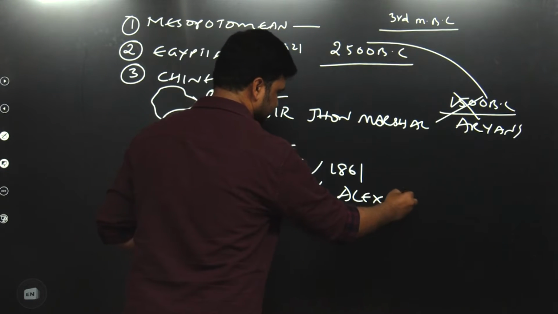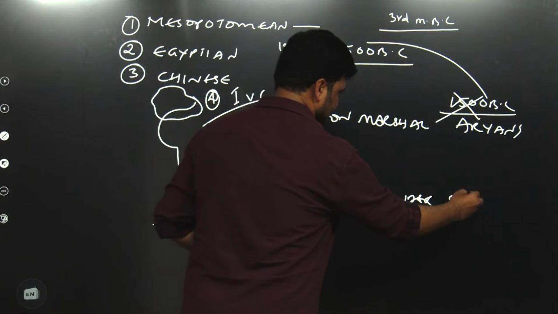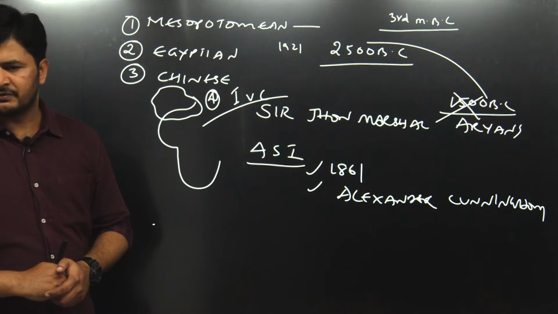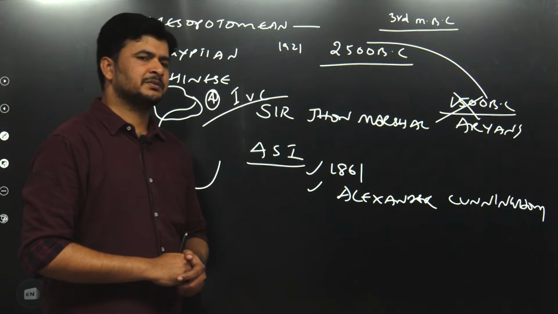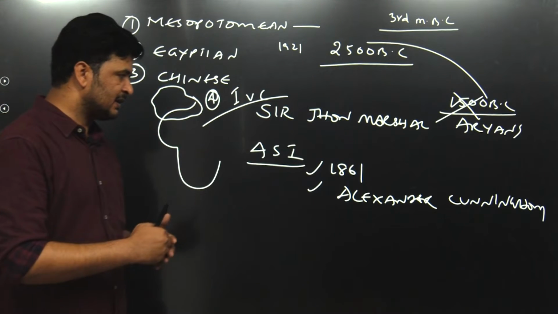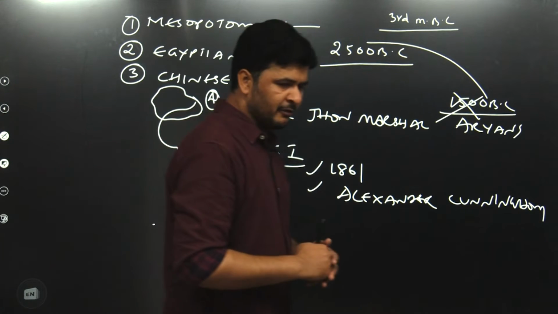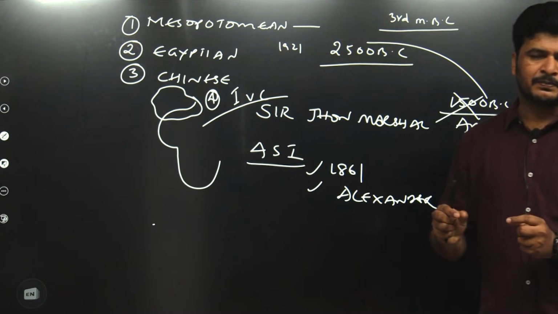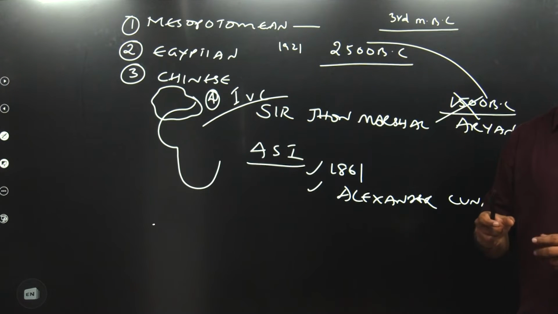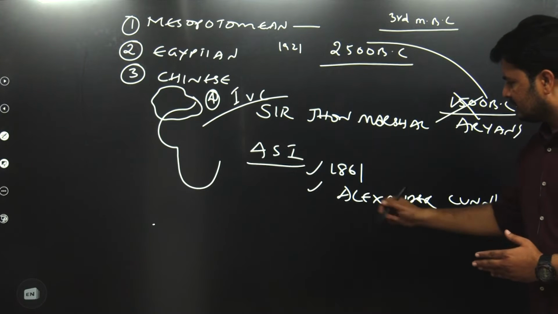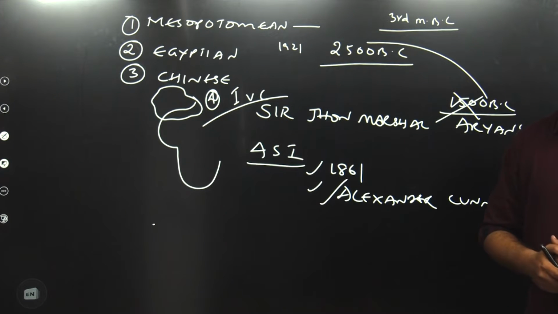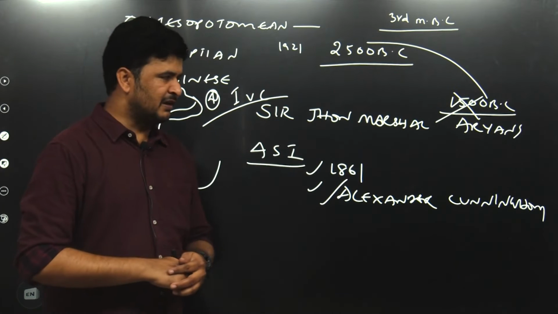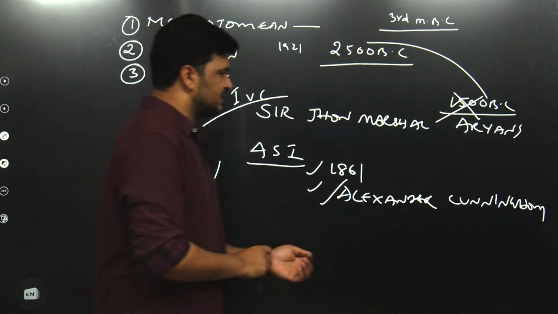Alexander Cunningham. That is the reason we consider him the father of Indian archaeology. Alexander Cunningham was responsible for the formation of the Archaeological Survey of India, and he was the gentleman who organized ASI. That is the reason he was called the father of ASI, the father of Indian archaeology.